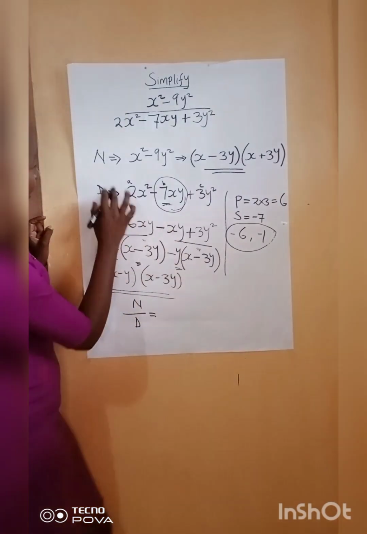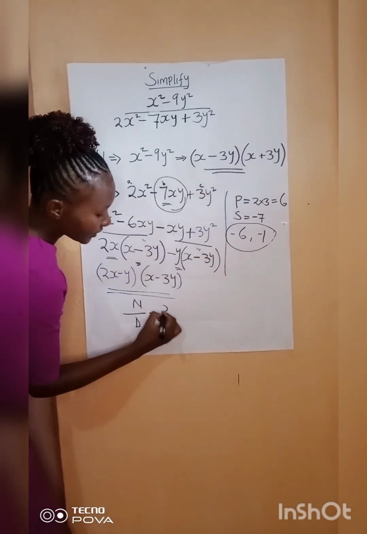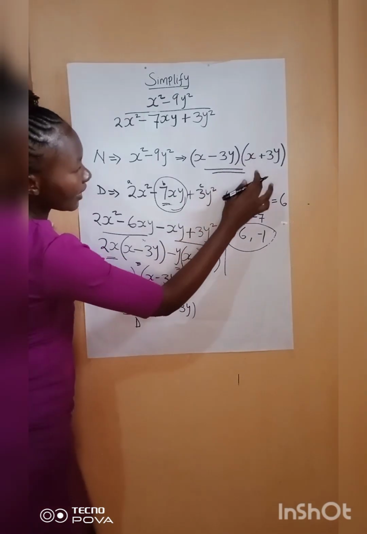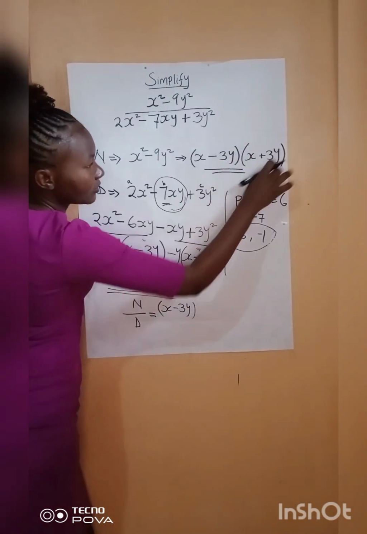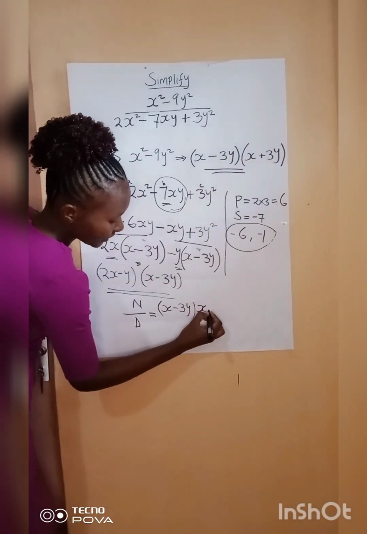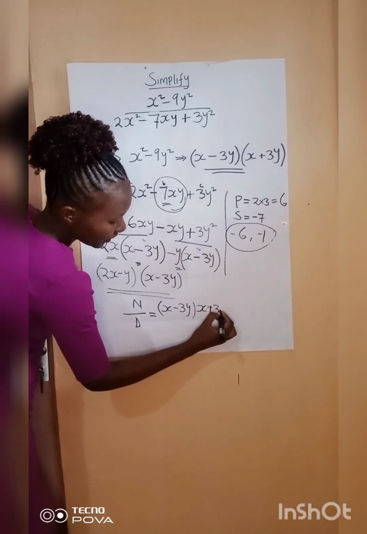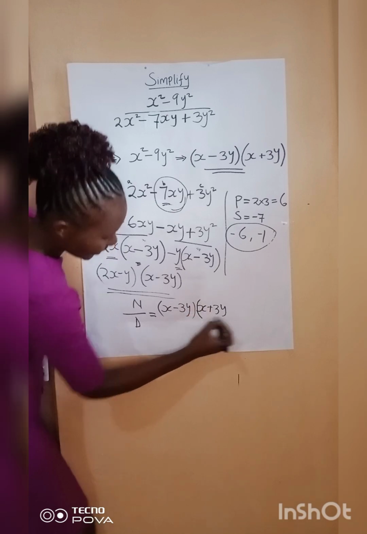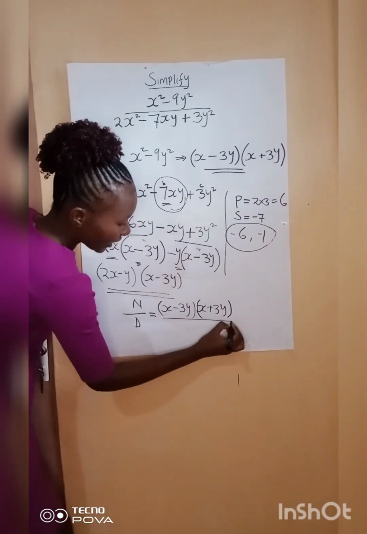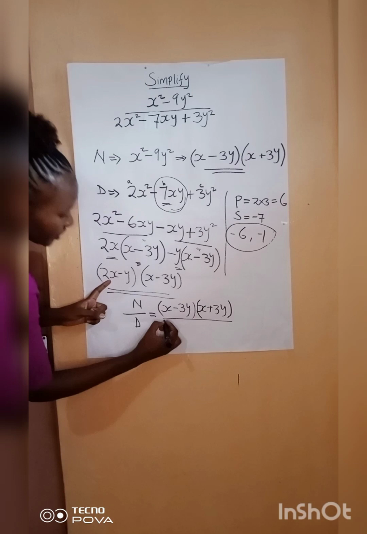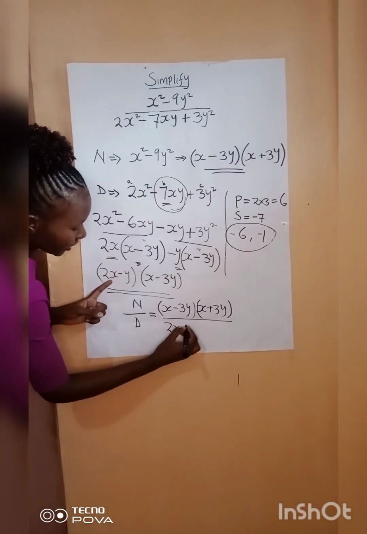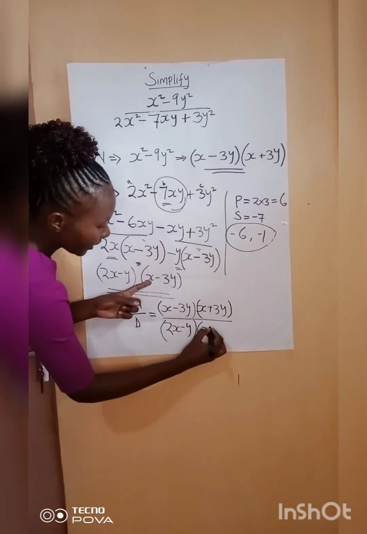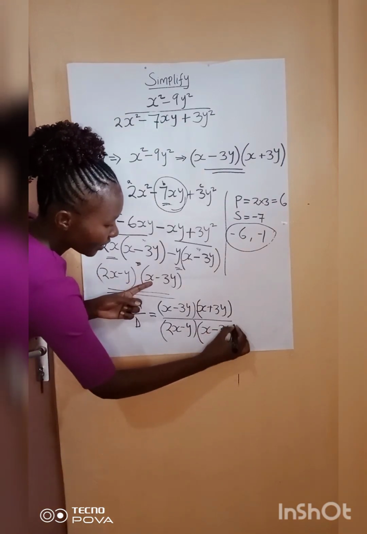This one is given by numerator, we have x minus 3y, and we have another bracket here, which is x plus 3y. So this one also into brackets. Okay, then divide by the denominator, which is 2x minus y. The other part, we have x minus 3y.